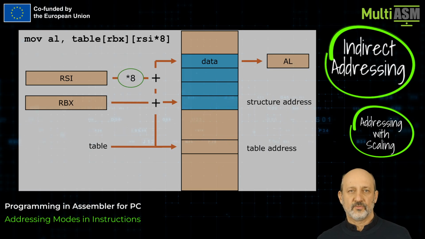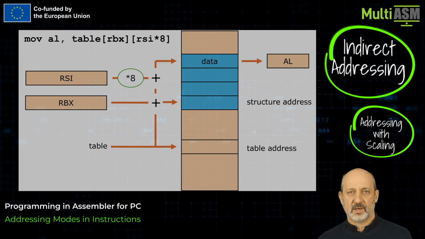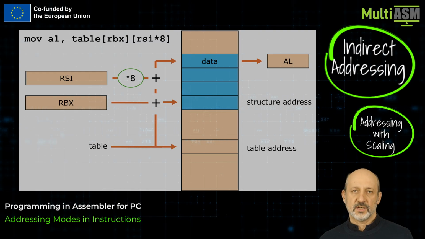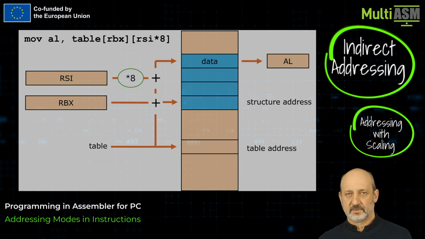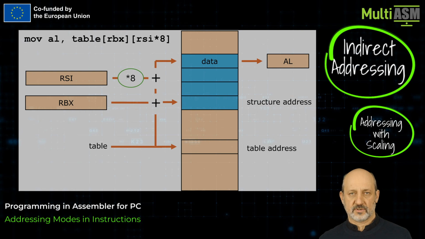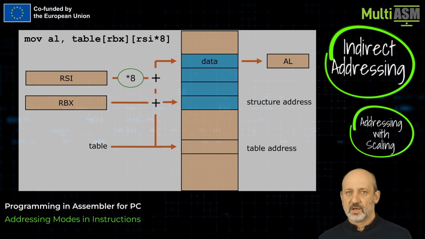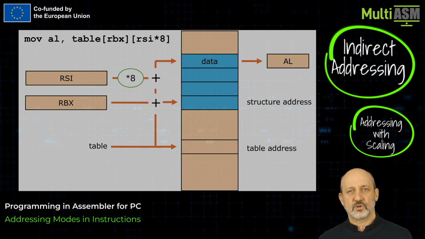It uses the sum of the base register, the content of the index register multiplied by a simple constant of 1, 2, 4, or 8, and an additional constant. The interpretation is similar to the base indexed addressing mode with displacement. The constant is the address of the beginning of the table of structures. The base register contains the offset of the structure, and the index register holds the scaled number of the element in a structure pointing to a chosen byte.